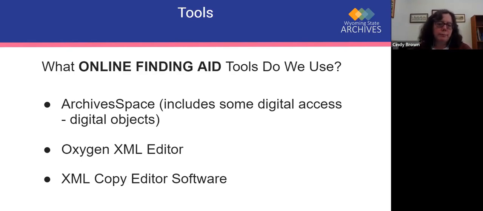The other solution down below, XML Copy Editor software, is actually kind of a free variety of Oxygen, because with Oxygen you have to pay for the license. The XML Copy Editor is free, but it does not have the verification capability, but it works really well.